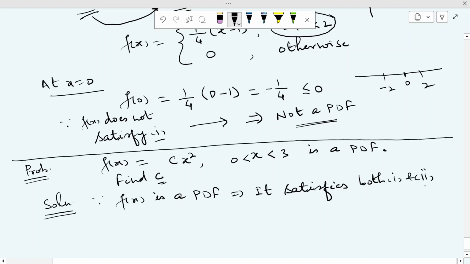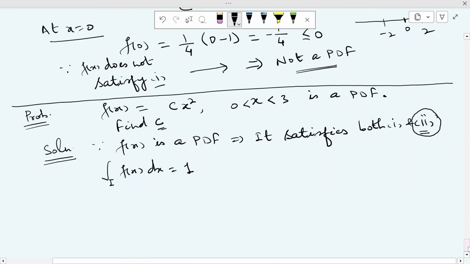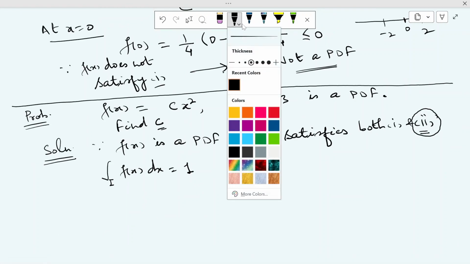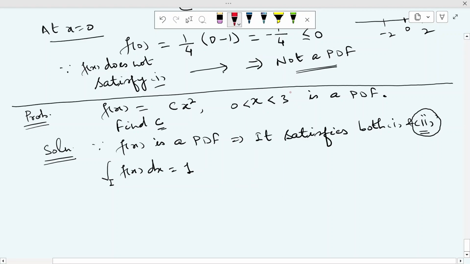Again, as I said, in this case we will make use of property 2, that is, when we integrate f(x) over this domain, the value of this integral is always 1. If you look at this, our domain is this 0 to 3.